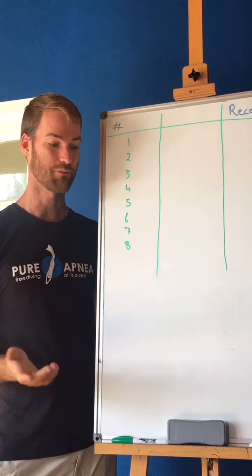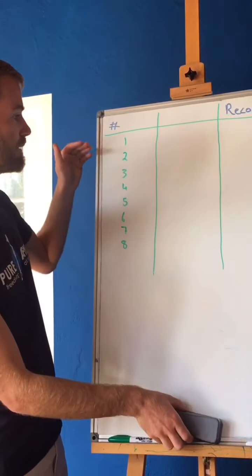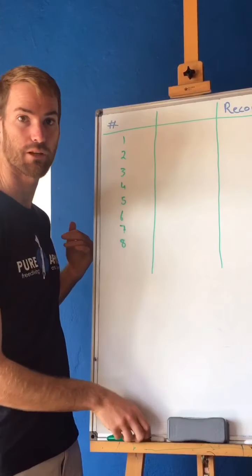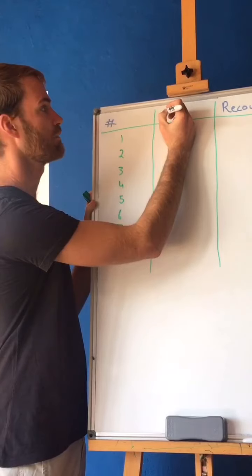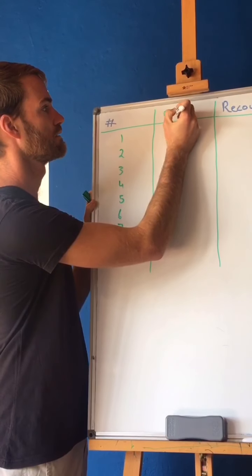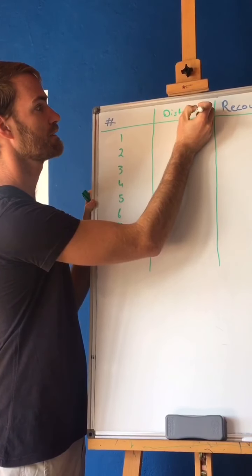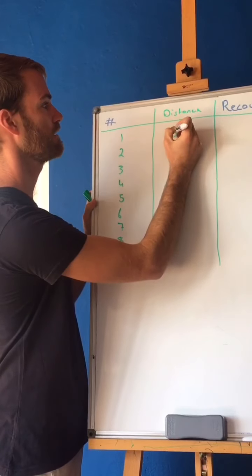Let me give you an example of an apnea walk. We still keep the same number of breath holds, but instead of breath hold time, we measure with distance, whether that is meters or paces. Let's take 50 meters.